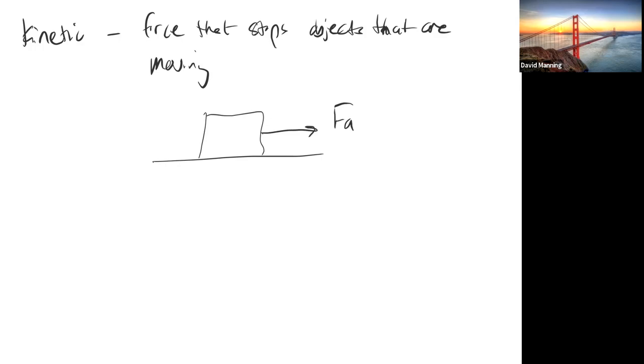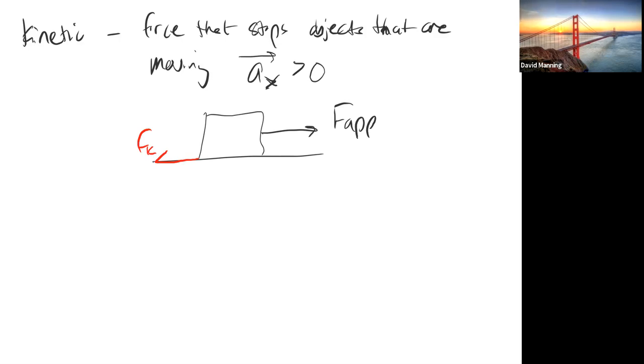The second type of friction is kinetic. This is the force that stops objects that are moving. So same thing, we've got an applied force here. Let's say the acceleration in the x is positive, so that means it's going that way. Fk would be in this direction.